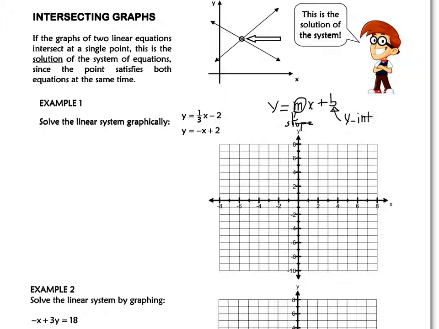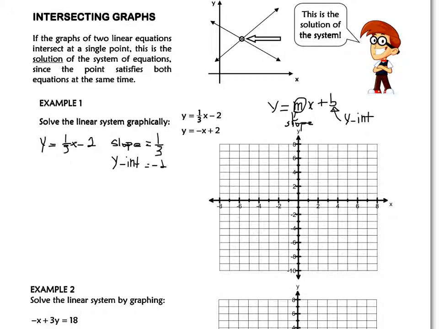y-intercept. So if we take the first equation, y equals a third x minus 2, we know that that has a slope of 1 over 3, and we know that it has a y-intercept of -2.